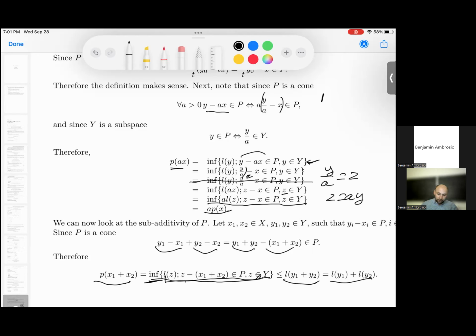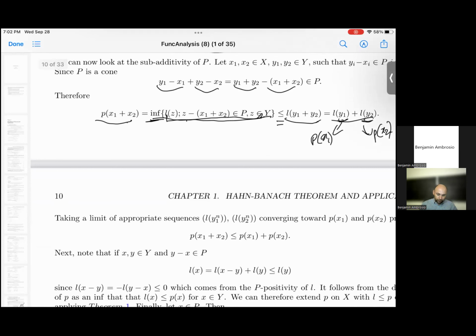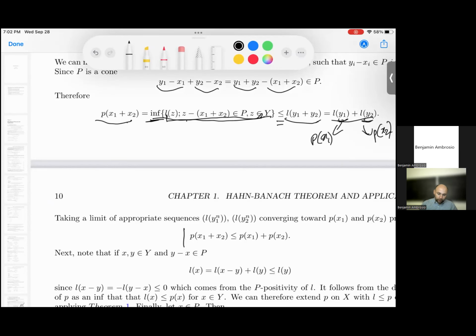As we already did, I can choose two sequences such that this one will converge to P of x1 and this one will converge to P of x2, and I will conserve the inequality. So I will obtain what I want, that is the subadditivity here.